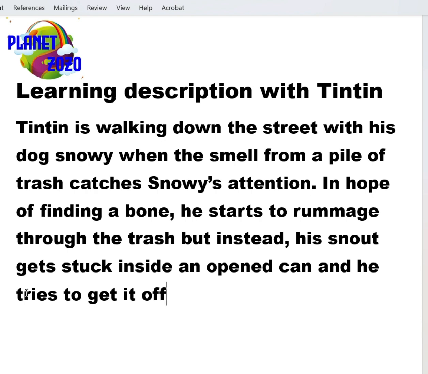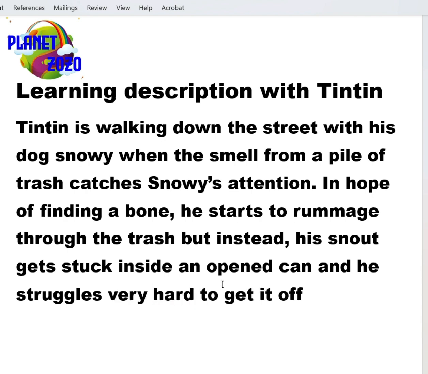We can also say he struggles to get it off, or he struggles very hard to get it off, but in vain. It means that it didn't work. No matter how much he tries, he cannot get it off.